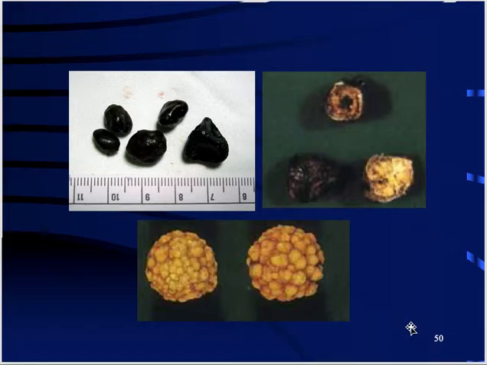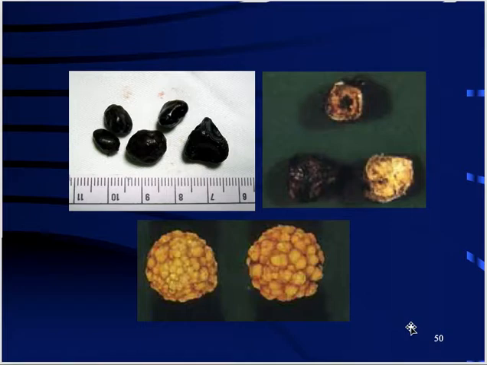Because whenever a secondary stone comes and blocks the common bile duct, it causes obstruction, and due to obstruction there will be cholestasis: the bile flow will stop and become stagnant, and that can lead to the formation of stones, which in this case will be primary stones, secondary to the secondary stones. That's how they are formed.